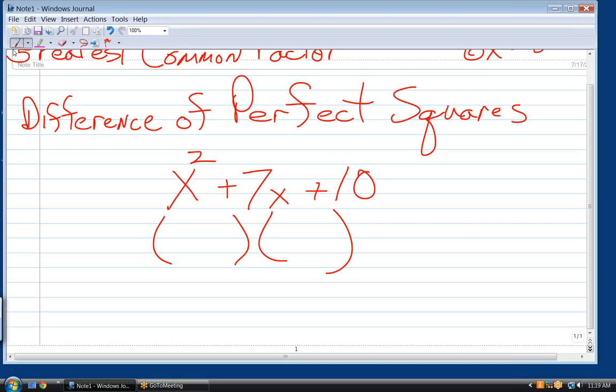So if they teach it to you and you have to know it, then you're just going to have to learn it. But let's teach you how to do it my method, which is really easy. There's 3 steps. That's it. First step, break up your x squared.